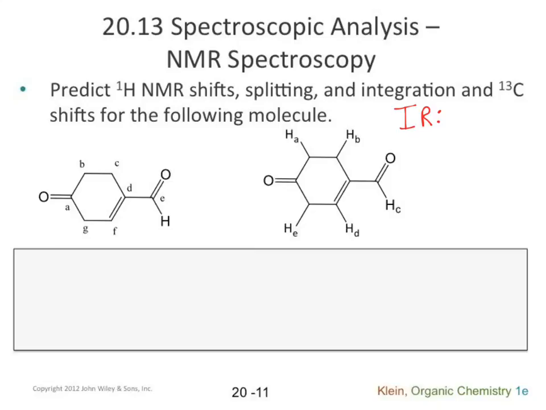Okay? If we go through and take a look at the IR, what do we expect to see? We have carbon-oxygen double bonds. We would expect something about 1,700. Would we expect just one signal at that range? This one's a little bit trickier. Okay.